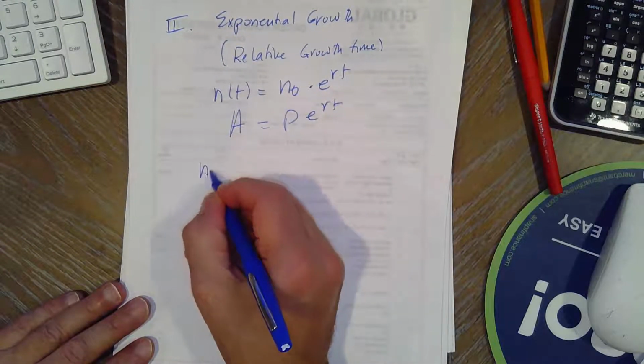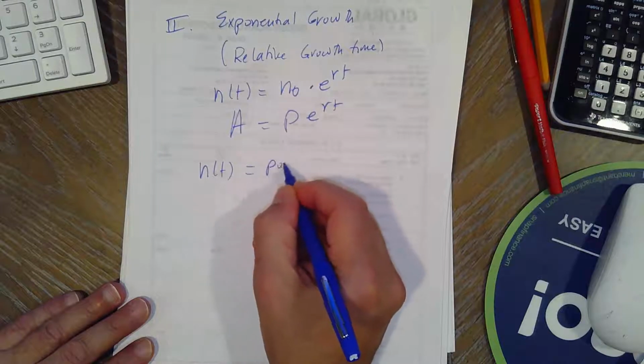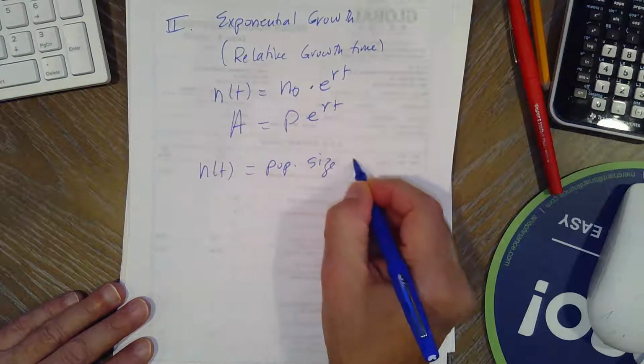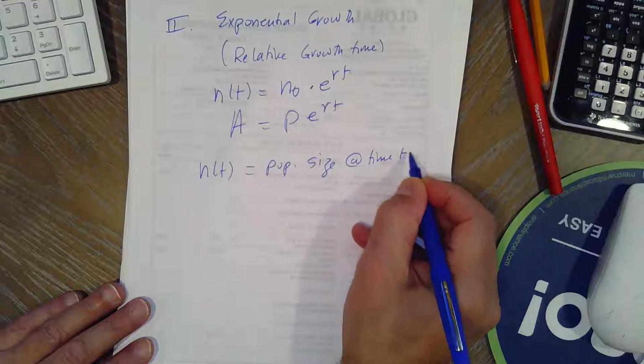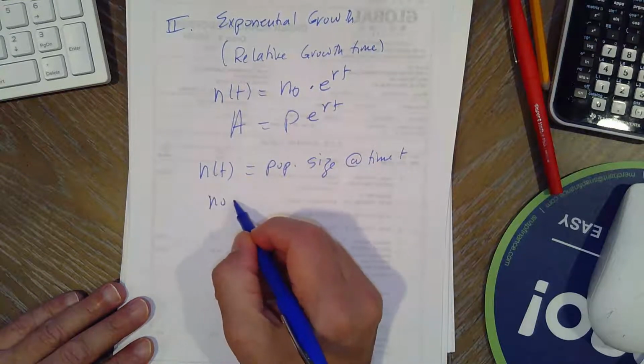N of t is the population size at time t, same as before. N0 is the initial size of the population.